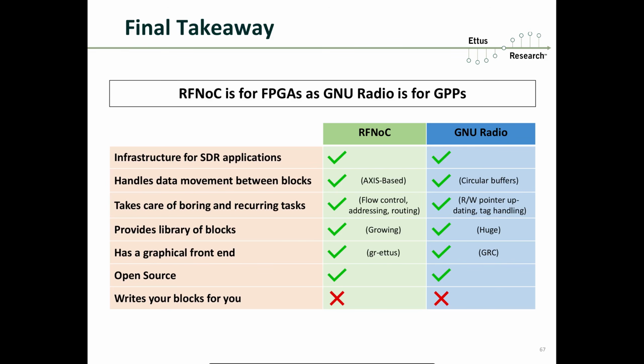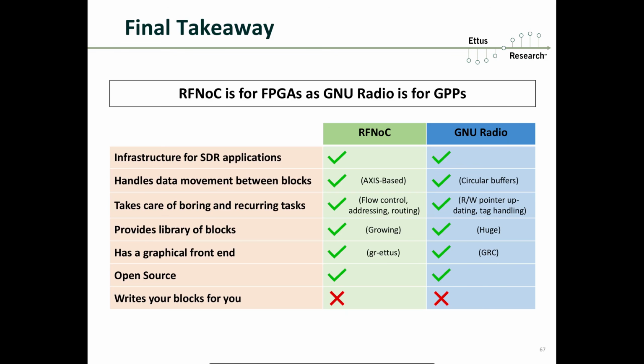They handle the movement of data between blocks. rfnoc does it on the FPGA, so it's actually stream-based. GNU Radio does it in software. They try to take care of the boring and repetitive, recurring tasks that happen when designing these sorts of DSP, SDR applications, dealing with flow control and addressing and routing data. And so they try to handle that for you.